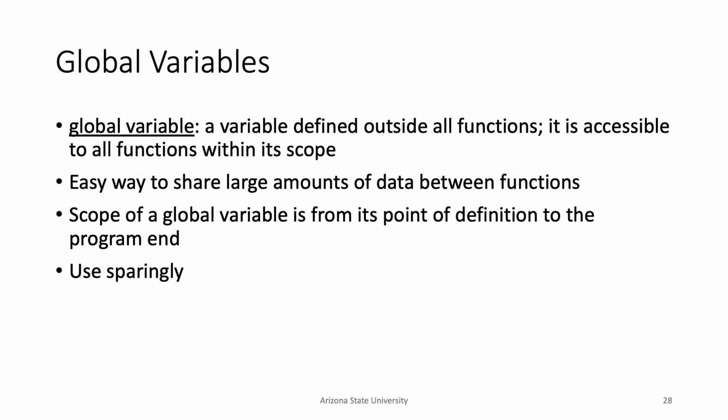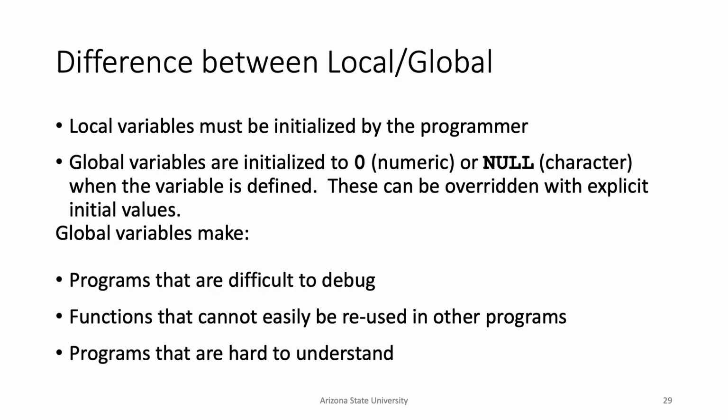No, because it can't be changed, so I don't have this issue of debugging. But even with constants, it still may not make sense to put it at global scope, because you may only want it at some local scope. So just use them sparingly, and you should only really use them for constants.